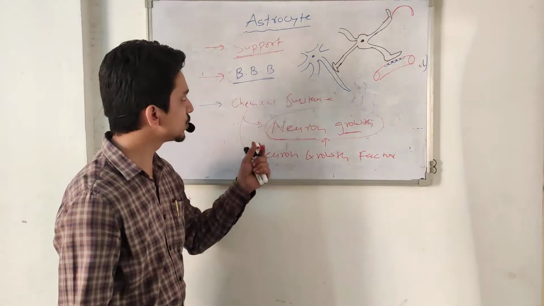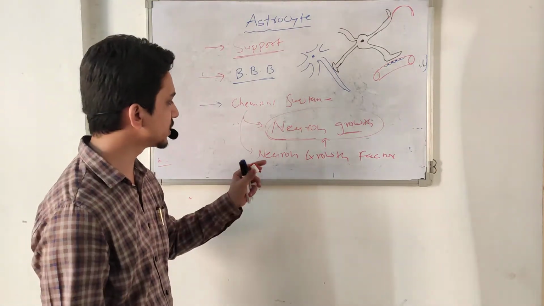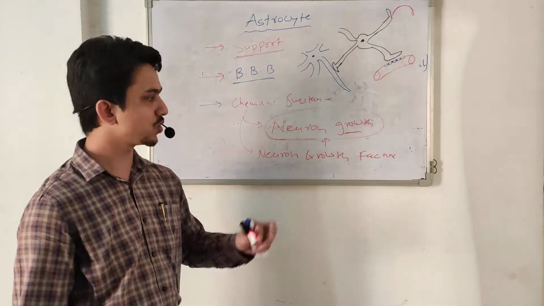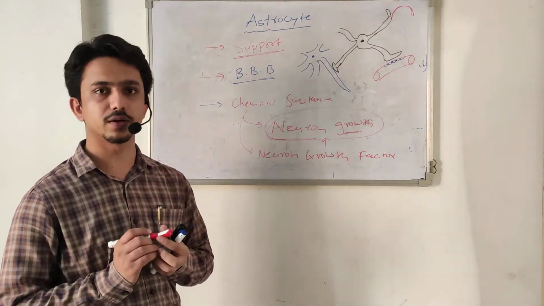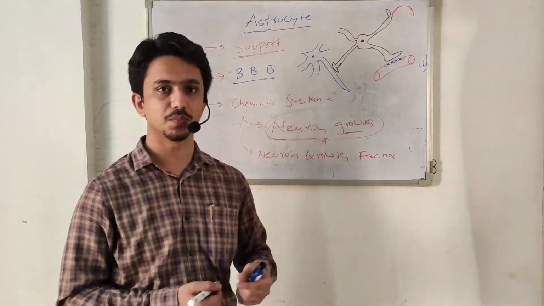If astrocytes are deficient, they cannot produce a sufficient amount of neuron growth factor. So they are responsible for the growth of the nervous system.